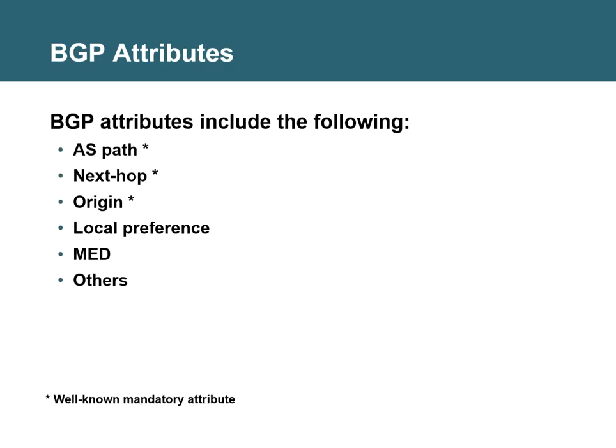BGP attributes like AS path, next hop, origin: these three are well-known mandatory attributes. And you know the meaning of well-known and mandatory now. If these attributes are not seen in an update, those updates are not considered and will be discarded.